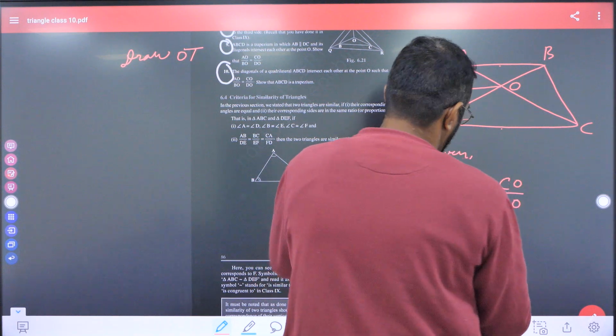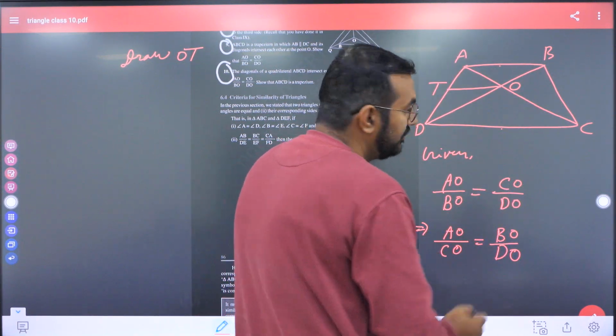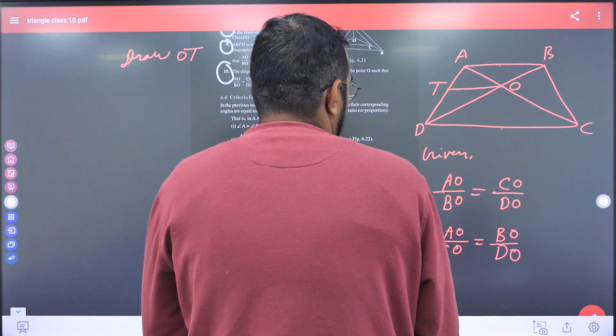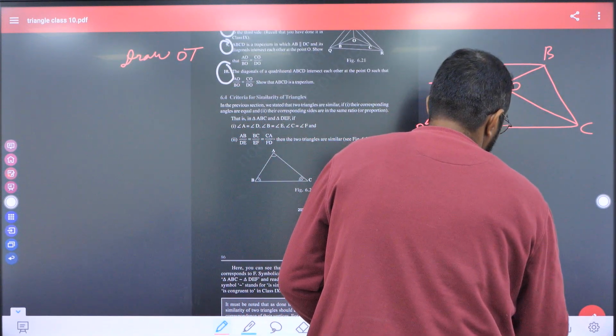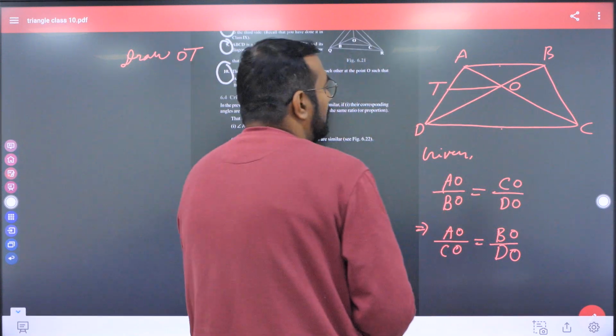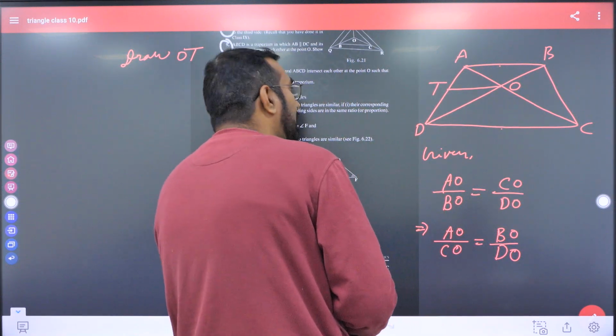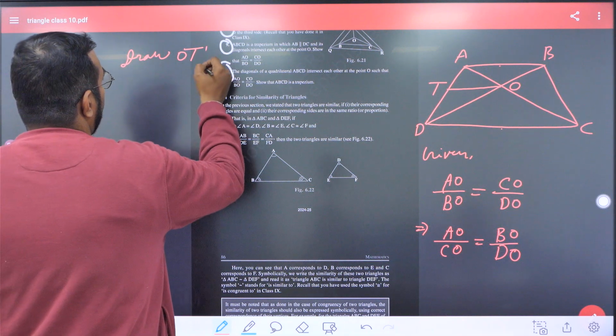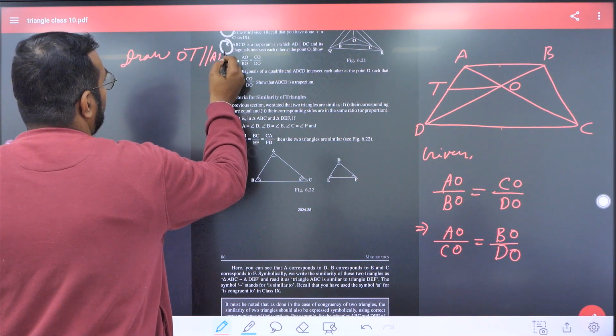Sorry, here I have changed it like this. Now draw OT parallel to AB. Okay, draw OT parallel to AB.